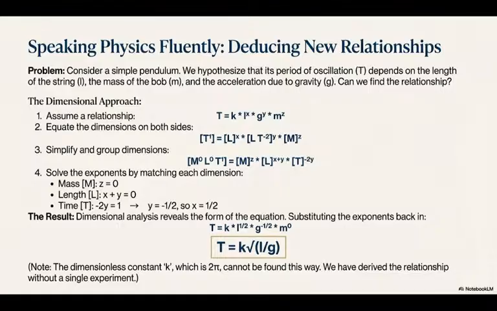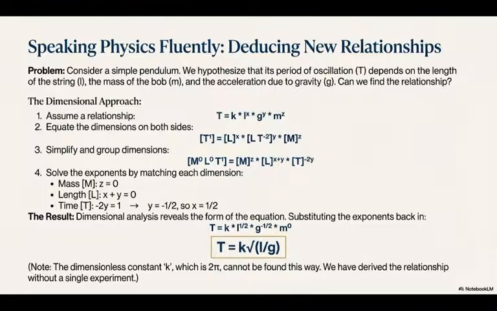Without experiment, we cannot find the value of k, right? We have to derive the relationship with a single experiment. So we can say that with the dimensional analysis, we can find the relationship also. This formula you can find out with the help of dimensional analysis.